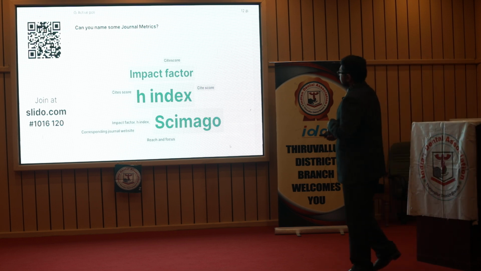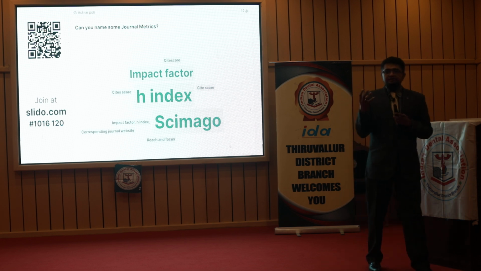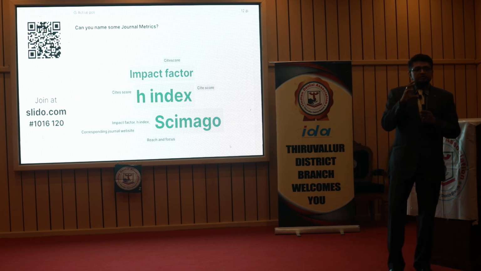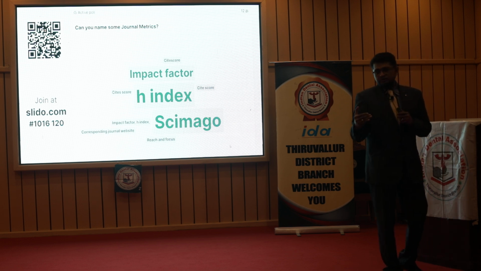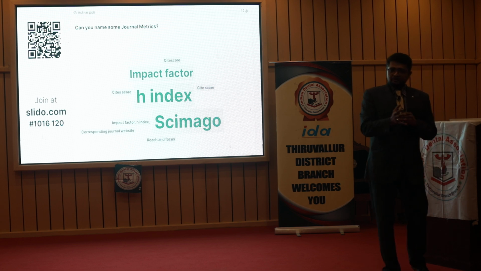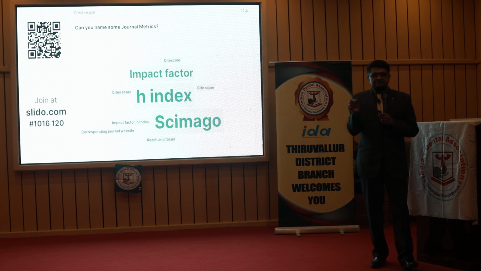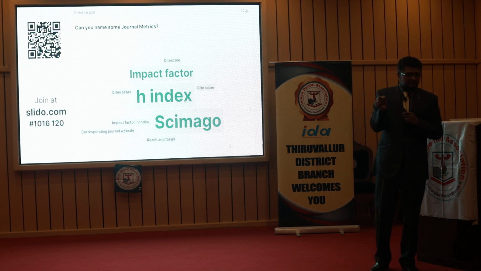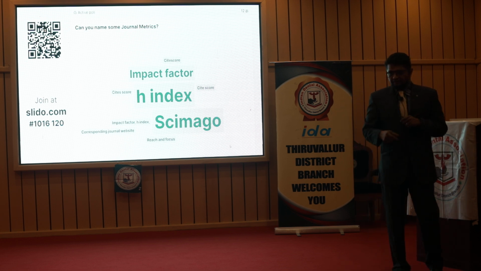If somebody has to validate the quality of the research, how effective the researcher is performing in a particular college, your H index would be a much better predictor than your impact factor, because impact factor doesn't say about your manuscript alone. It says how that particular journal, or the articles that have come in that journal, have performed in the previous 2 years or previous 1 year.